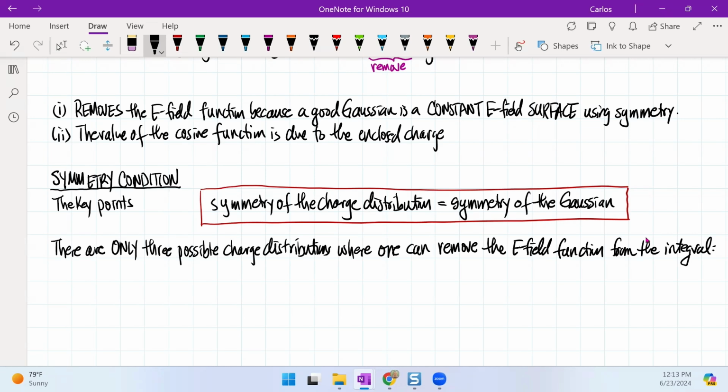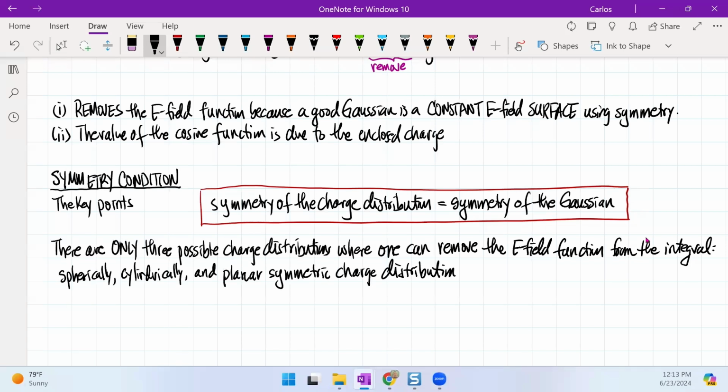And this is if you have spherically, cylindrically, and planar symmetric charge distributions. If it's not one of these 3, then it's easier to use Coulomb's law. So this is a highly specialized tool.